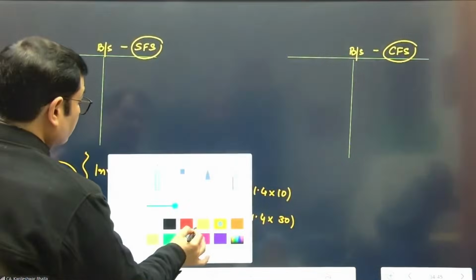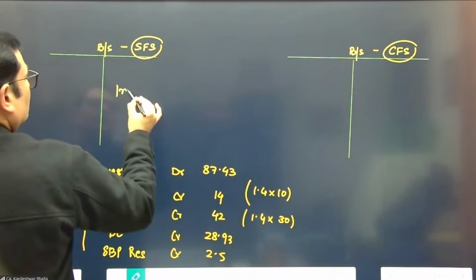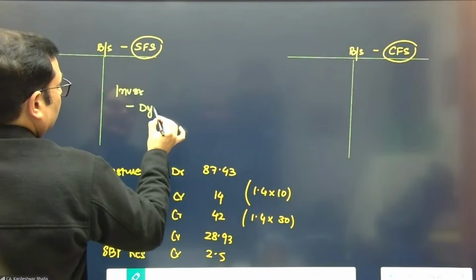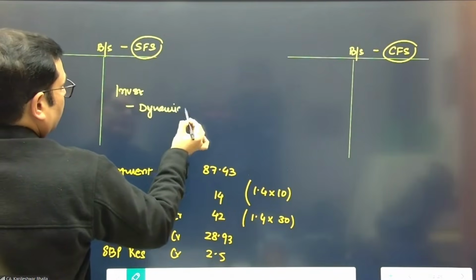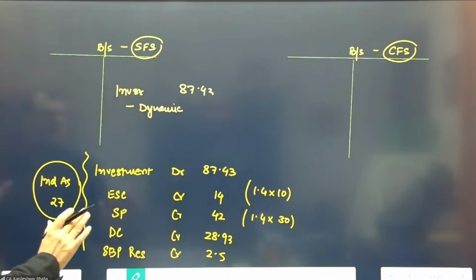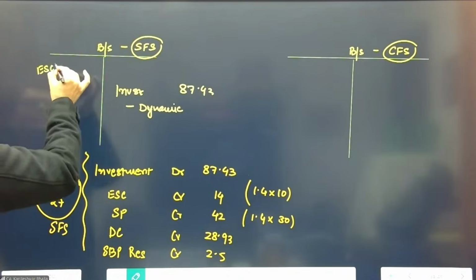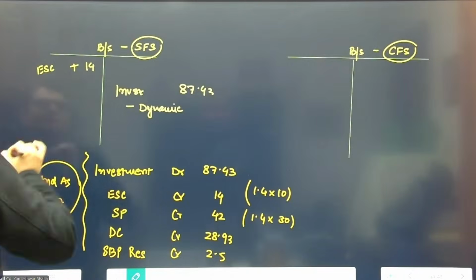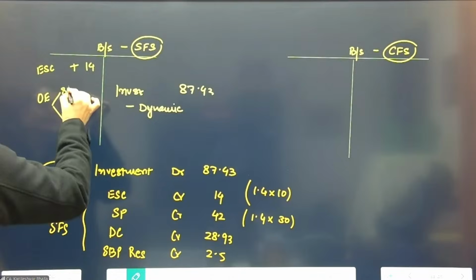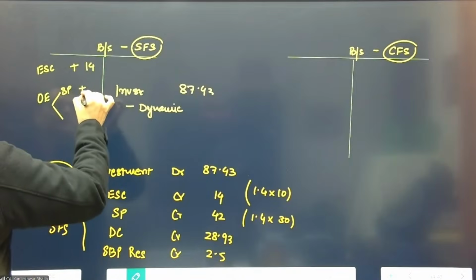Great. So this is the separate financial statements, which means in the balance sheet, I would show the investments. This is the investments in Dynamic Limited. And this will appear at 87.43 with all other corresponding changes incorporated. You will increase the equity share capital to the extent of 14. And in the other equity, you will include the security premium that is to the extent of 42.